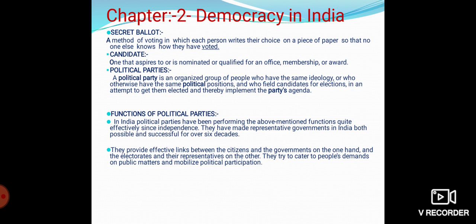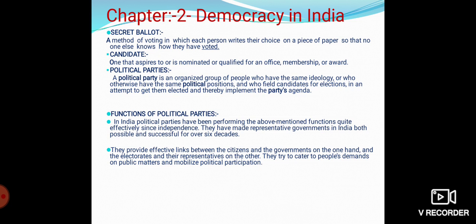But what is a political party? Why do we need a political party? Let's find out. A political party basically is a group of people. These people come together to contest elections in order to hold power in the government. It is a way to mobilize voters to support a common set of interests, concerns, and goals. The primary role of a political party is to fix the political agenda and policies.